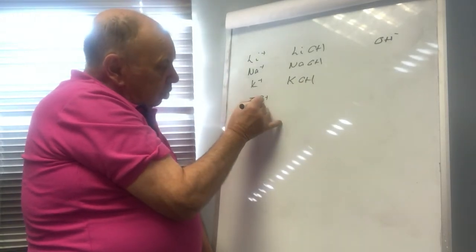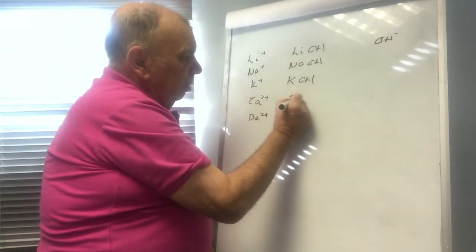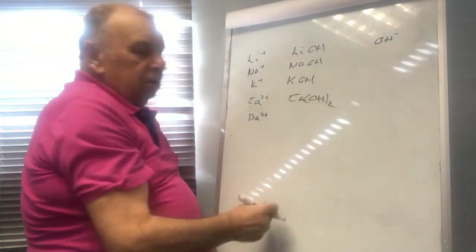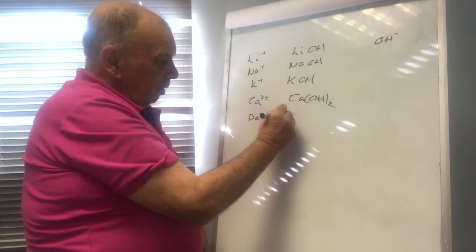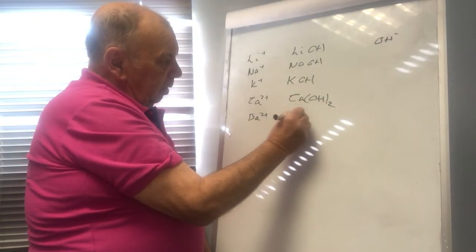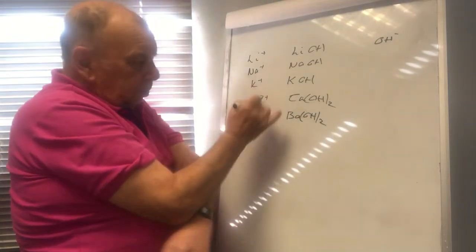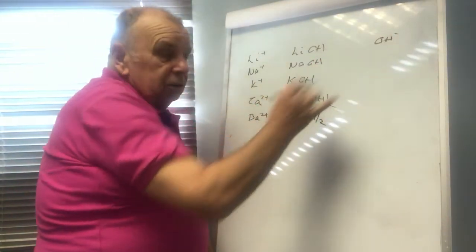No, that's 2, hydroxide's 1, therefore it's Ca(OH)2. Barium is Ba(OH)2, because the barium is 2, the hydroxide's 1.